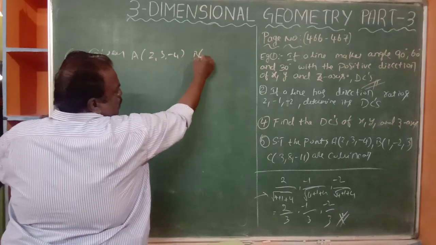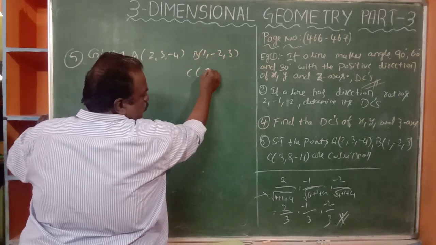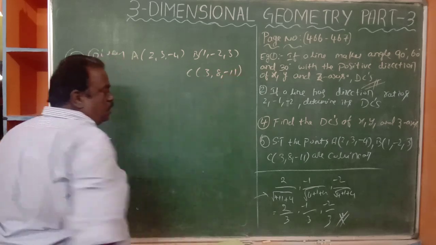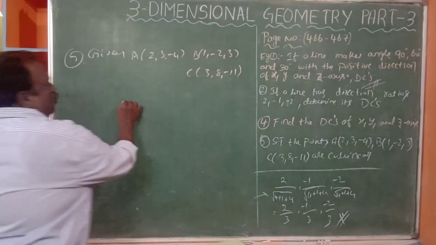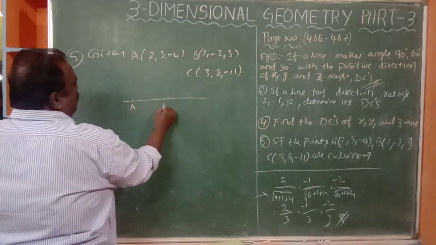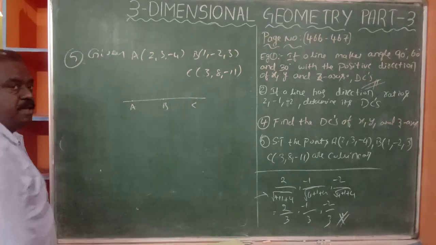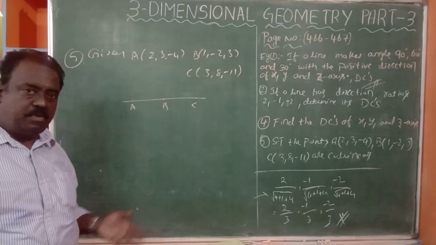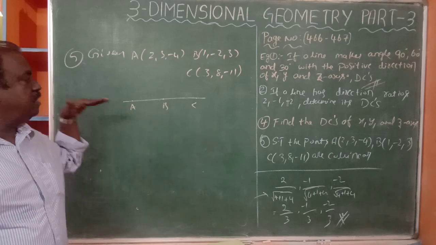What is B? 1, -2, 3. What is C? 3, 8 and -11. I have to show that they are lying on the same line. Suppose it's A and B and C, then the DRs of AB, BC and AC are all the same because they are lying on the same line.